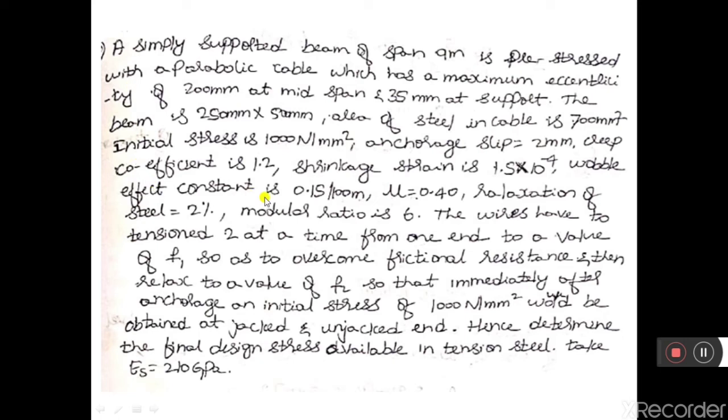The wires have to be tensioned two at a time from one end to a value of F1 so as to overcome frictional resistance, and then relaxed to a value of F2 so that immediately after anchorage an initial stress of 1000 Newton per mm square would be obtained at the jacked and unjacked end. Hence determine the final design stresses available in the tension steel. Take ES, Young's modulus of steel, equal to 210 GPa.